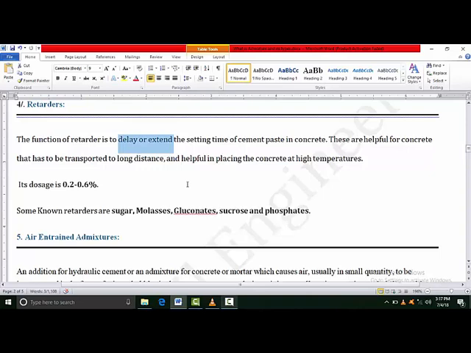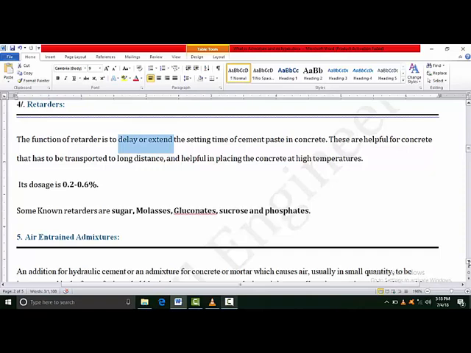These are types of chemical admixture. The dosage is 0.2 to 0.6%, okay. Some known retarders are sugar, molasses, gluconate, sucrose, and phosphate. These are the types of retarder that we use to retard the initial setting time of cement, okay.